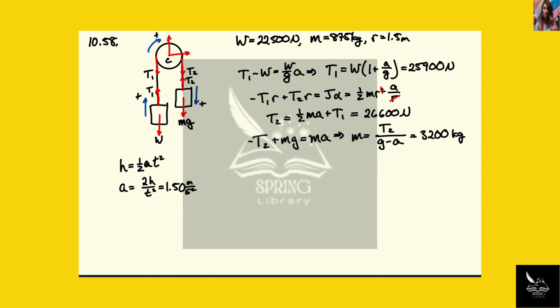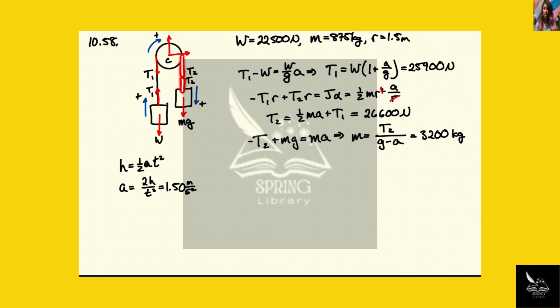The mass of this pulley is 875 kilograms, and it has a radius of 1.5 meters. So we draw free body diagrams. Here's the elevator. We have the weight of the elevator, the tension in the cable connecting the elevator up to the pulley, and an equal and opposite tension onto the pulley.